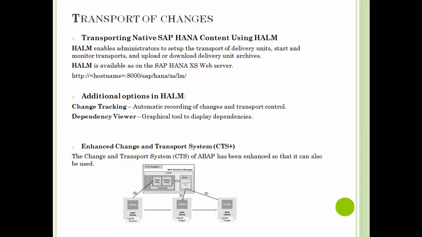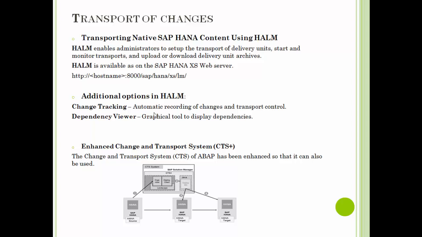Additionally, there are certain options in HAL which are very important, like change tracking and dependency viewer. Change tracking is responsible for recording of changes and transport too. It offers options for managing content in a promote to production system landscape, and it offers automatic recording of changes to a change list, similar to how we have transport management in an ABAP system.